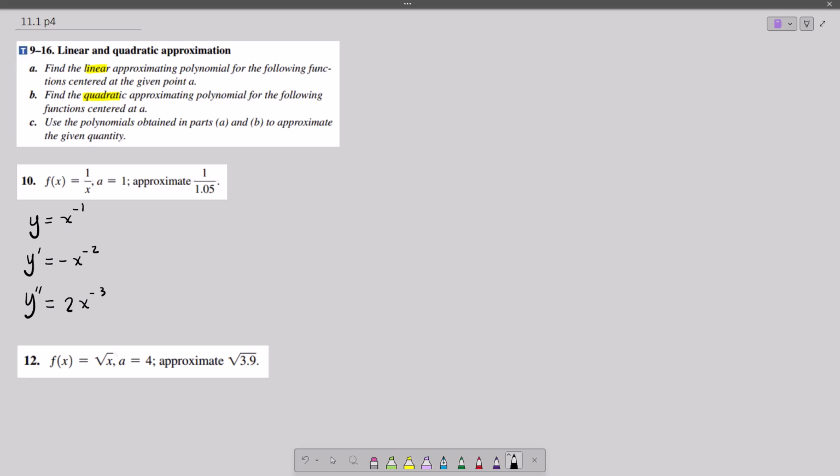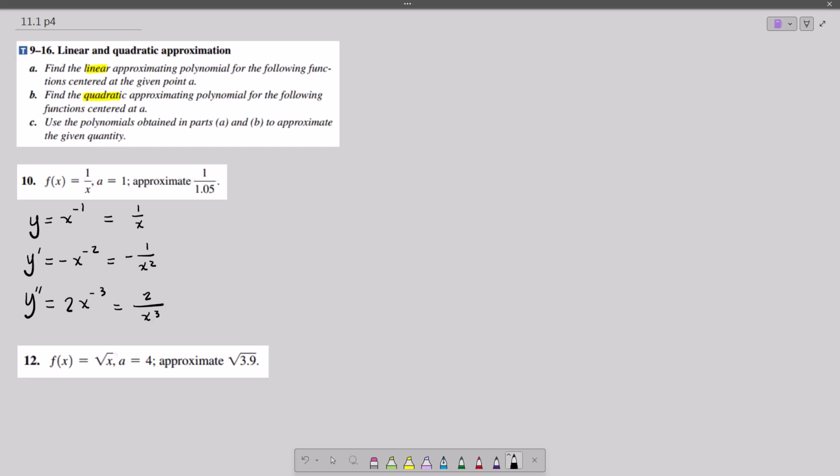Now, second column. First let's rewrite these without negative exponents, just because a lot of times it's useful to have no negative exponents. So let's do this. Okay, we've written them all out.